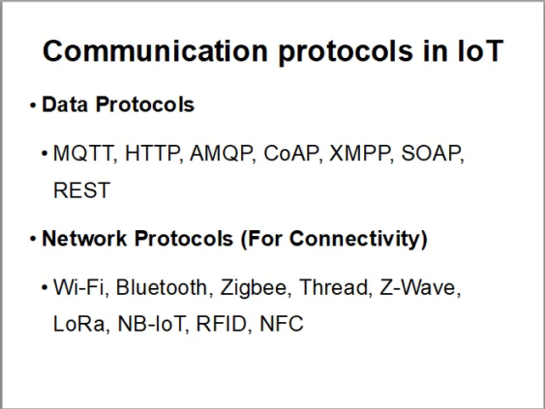Okay, and then as we said, we need some medium or some network basically to connect between the devices, and mostly the current trend of internet of things devices use wireless connectivity protocols.